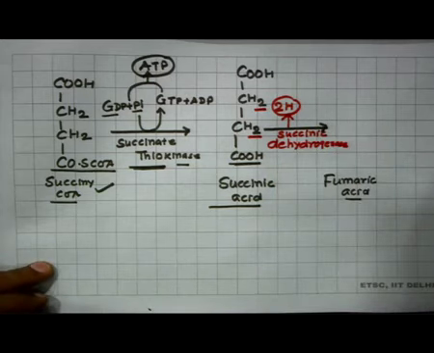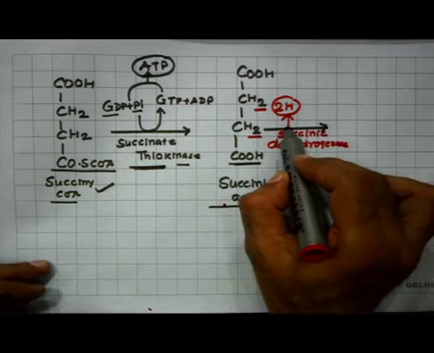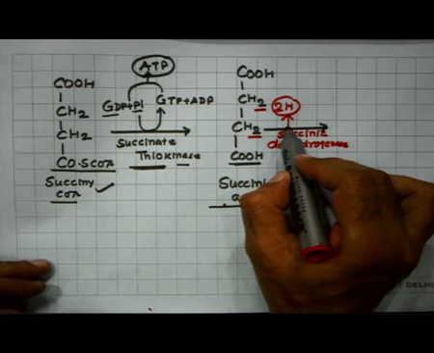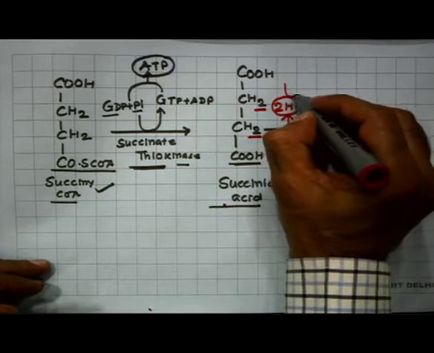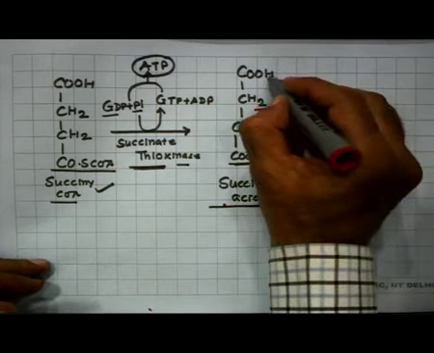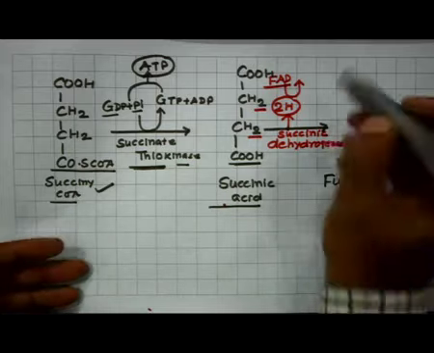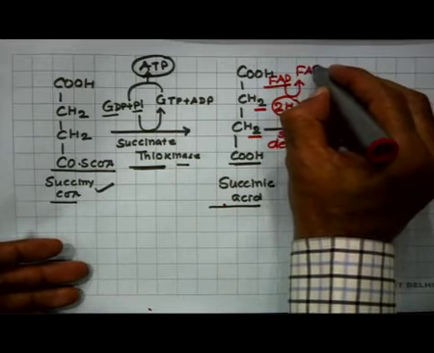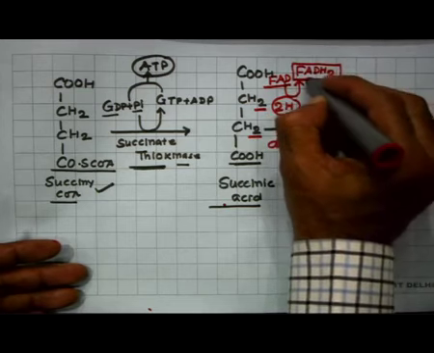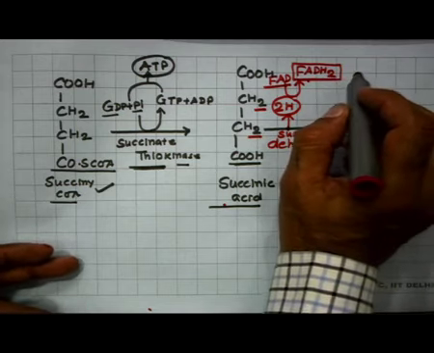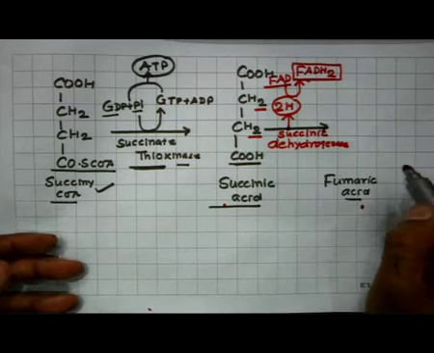Here one thing is very important: from succinic acid to fumaric acid, this hydrogen is released, but it is not accepted by NAD. It is accepted by FAD, flavin adenine dinucleotide, and converted into FADH2, which undergoes terminal oxidation or the electron transport chain, and after the reoxidation of this FADH2, it gives 2 ATP, which we will see later on.